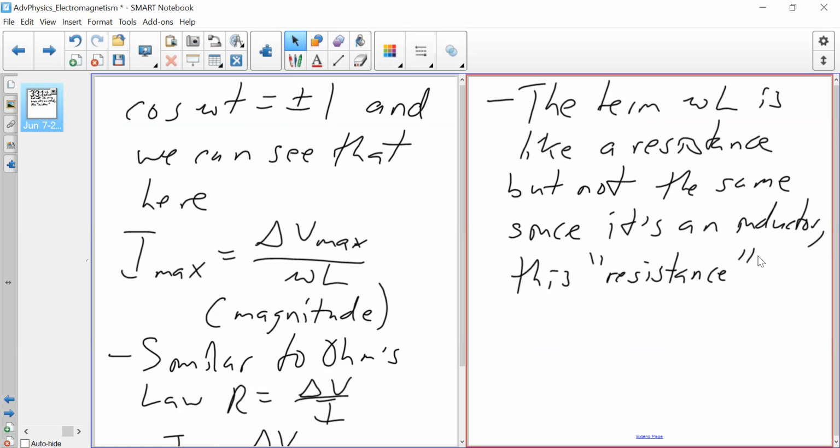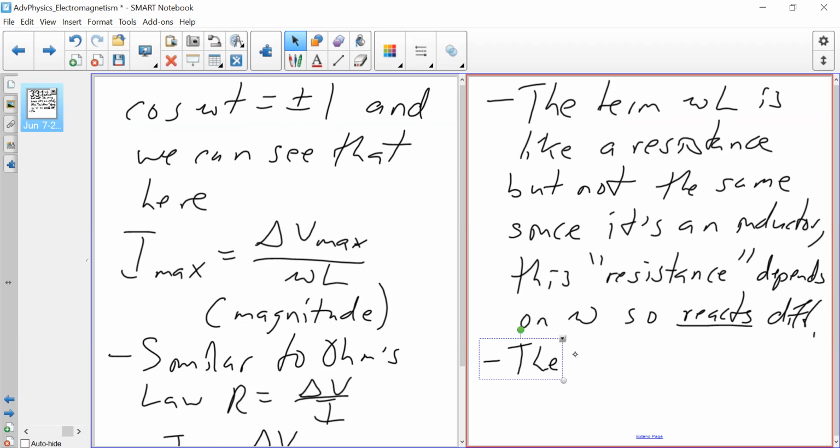This resistance depends on omega. So depending on the frequency, there's going to be different reactances. It reacts differently, basically depending on the frequency of the circuit. And we'll talk about resonance here in a minute.